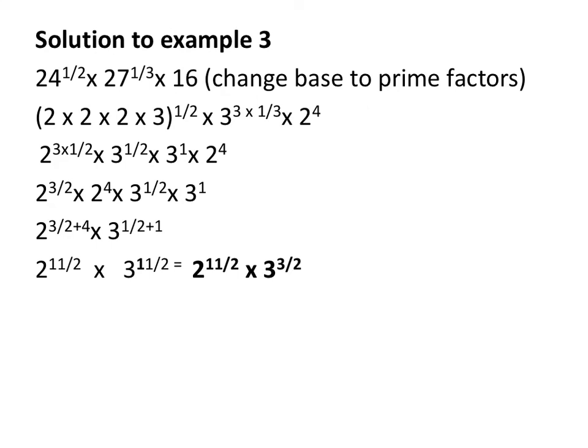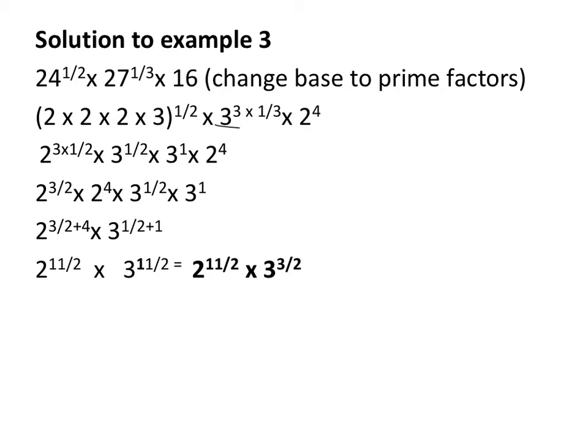Solution to example 3. 24 raised to power 1 over 2 times 27 raised to power 1 over 3 times 16. Change the base to prime factors. We have factors of 24, 2 times 2 times 2 times 3 raised to power 1 over 2. Factors of 27, 3 times 3 times 3, which is equal to 3 raised to power 3 times 1 over 3.